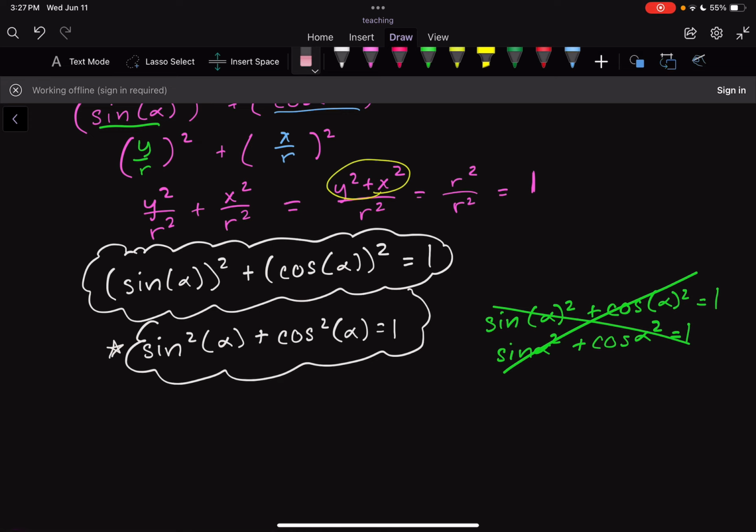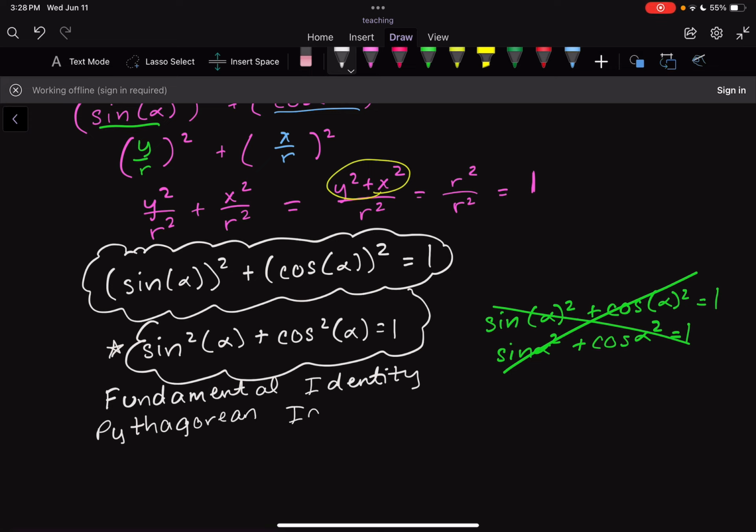And so, of course, I'm going to do an example to show you how to use this identity, but this is the fundamental identity of trig. Sometimes it can also be called the Pythagorean identity. But we're mostly going to call it the fundamental identity. And so I want to talk about what it means to be the fundamental identity.